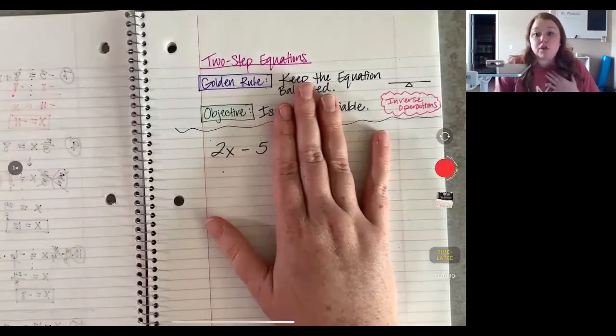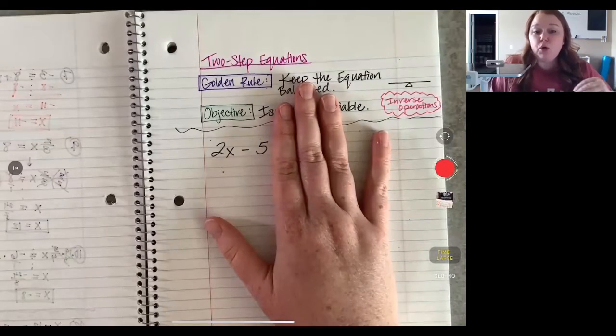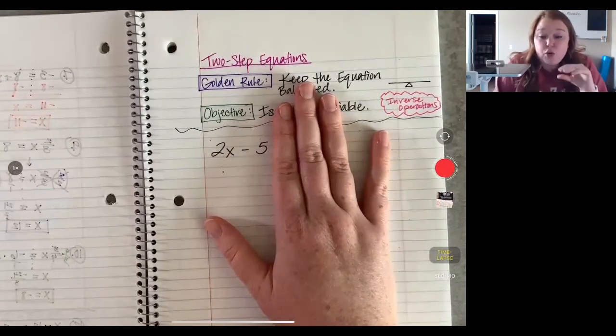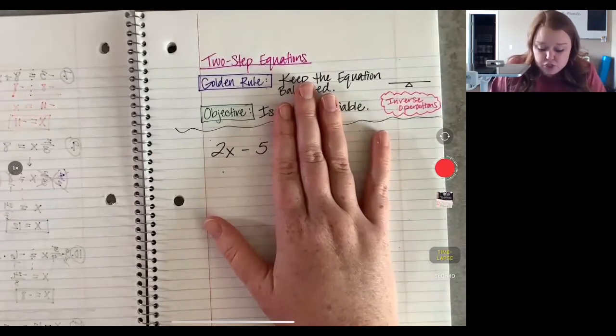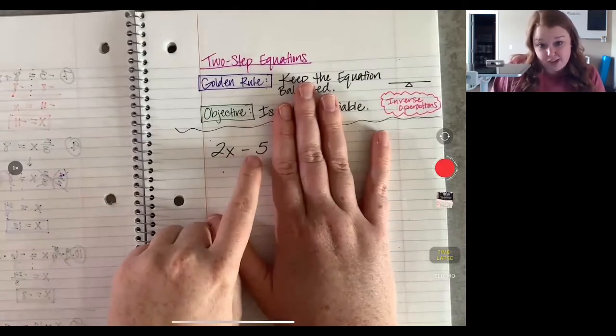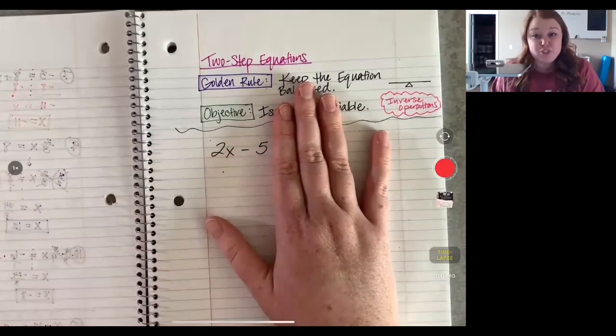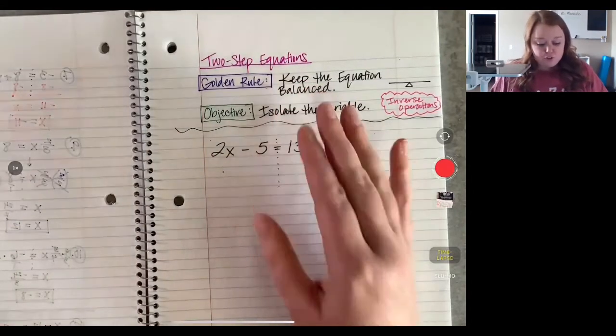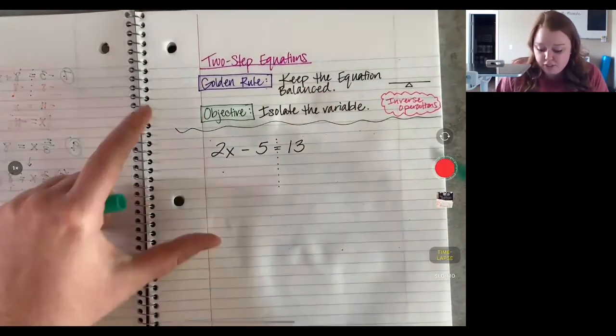But when we're solving for a variable, when we're solving for something that's unknown, we actually have to kind of sneak up on it. Okay, we have to use reverse order of operations. So since the last thing that it's doing is subtracting 5, that's actually the first thing I get rid of. Okay, so you're good if you're thinking about PEMDAS.